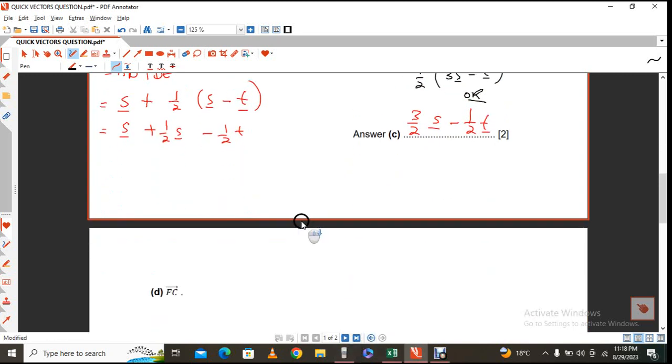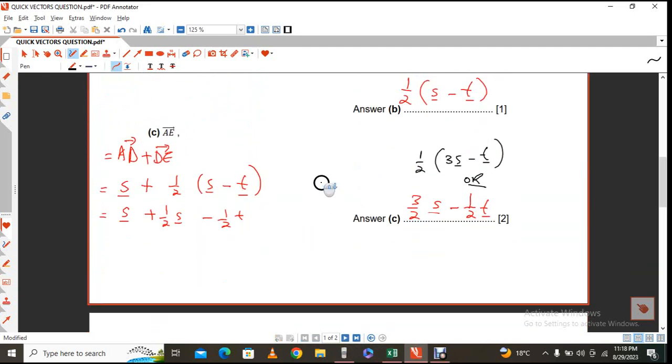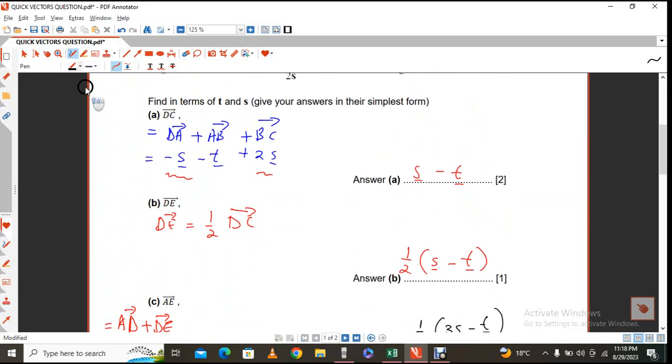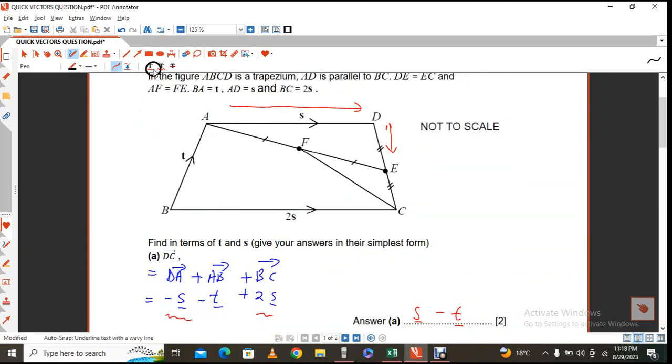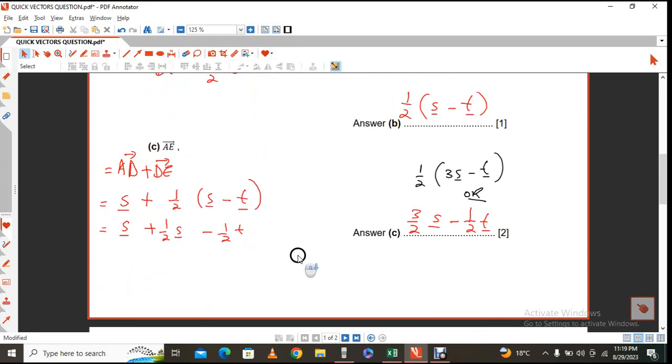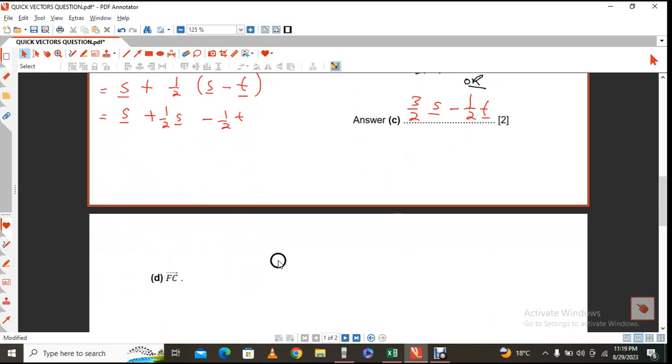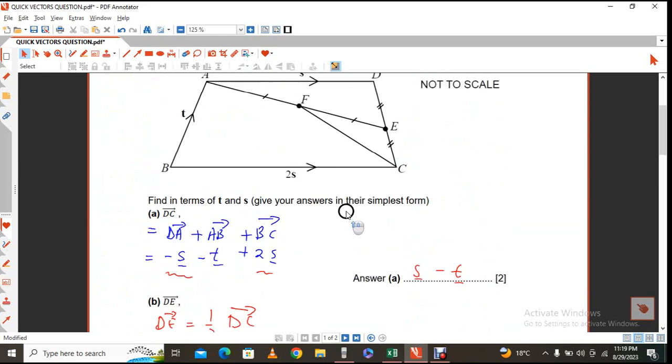Now, the last part, they want us to find EF. So in order for us to find EF, I'm going to remove again what I have on top here. Just think of it as a distance or a route you're taking. So now we are going from E to F, so that is FE or EF. Let's just make sure, they say FC, correct? FC.